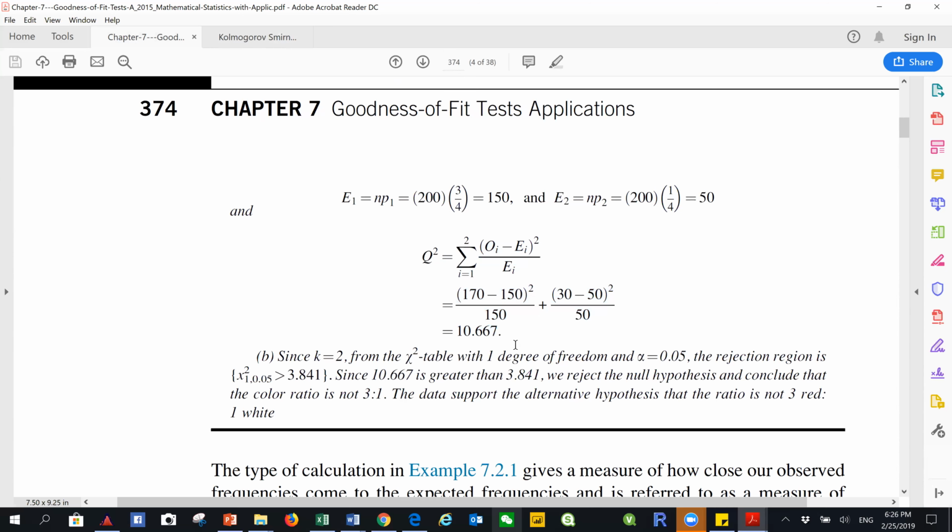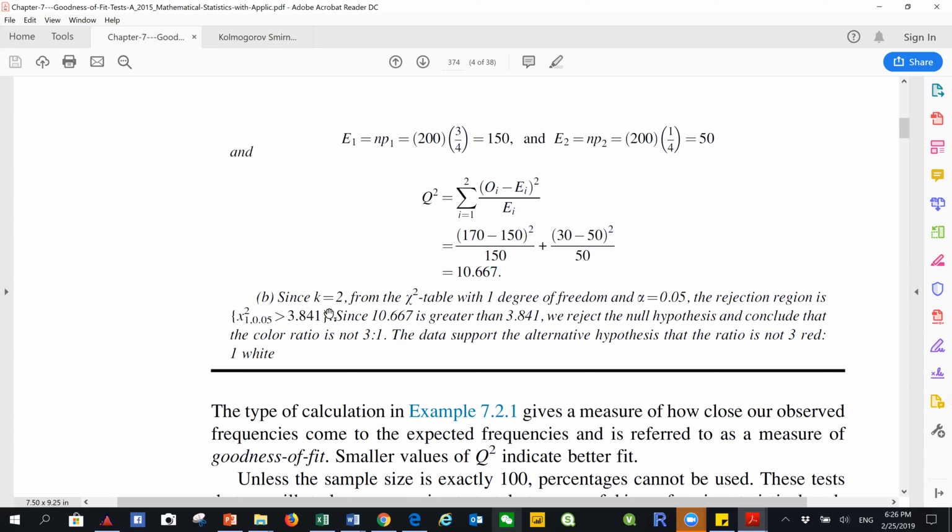Now, that's the first part. The second part is whether that is large enough for us to reject the null hypothesis, since 170 to 30 is kind of too big an odds ratio, so we don't say they are equal to the 3-to-1 ratio.